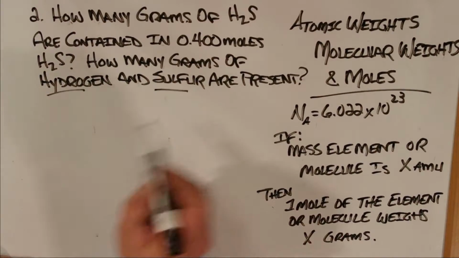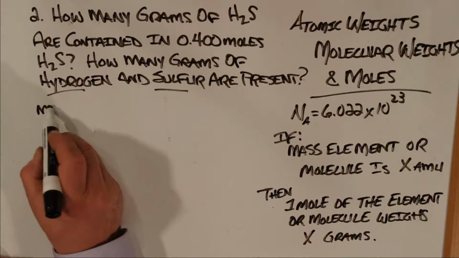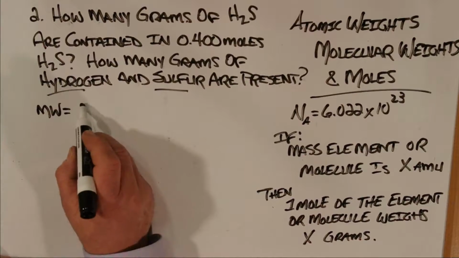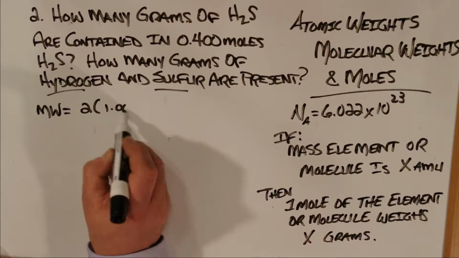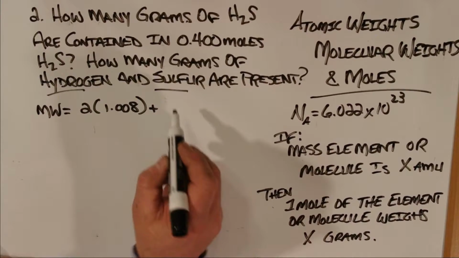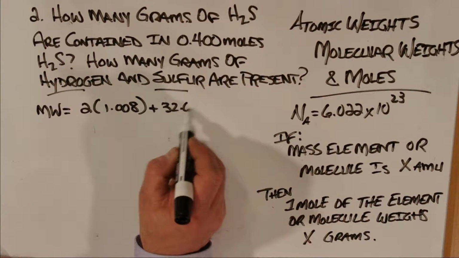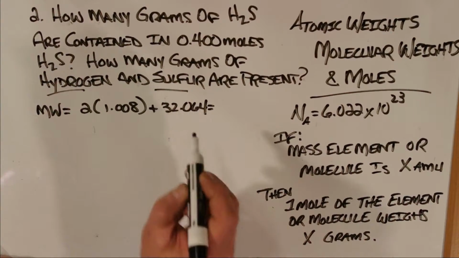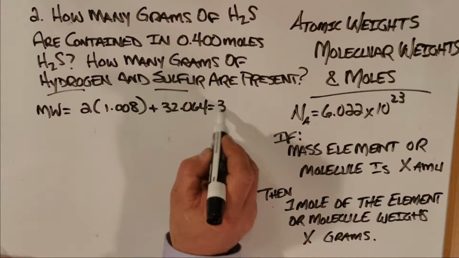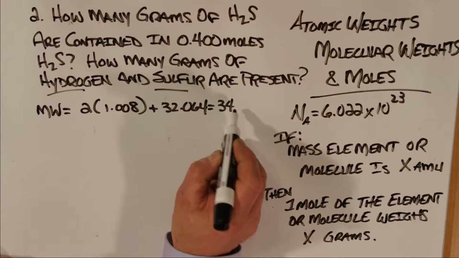The second question, we're asked to find the number of grams of H2S contained in 0.400 moles of H2S, and also how many grams of hydrogen and how many grams of sulfur are present. We have the relationship between moles and mass. We know 1 mole of an element or a molecule is that weight in grams. And so if we know the molecular weight of H2S, we'll know how much mass 1 mole is.